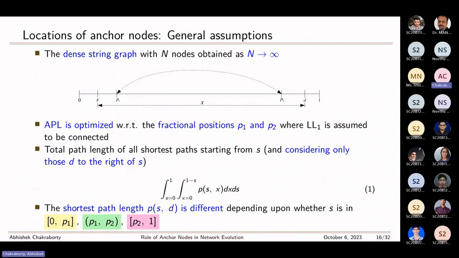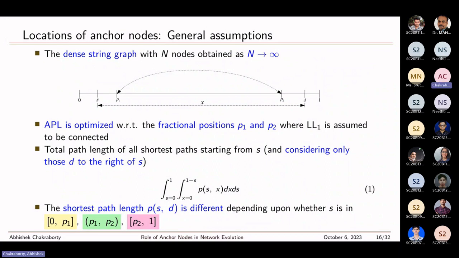We also assume that if P1 and P2 are the optimal points to add a link, then what will be the scenarios? If we assume that P1 and P2 are the anchor points, we actually segregate this string into three parts: one between 0 and P1, another between P1 and P2, and the rest between P2 and 1.